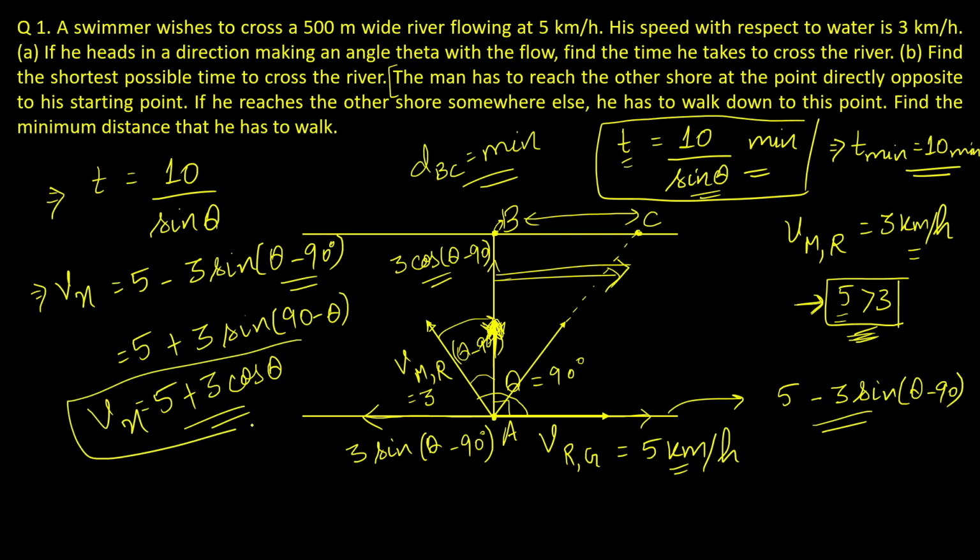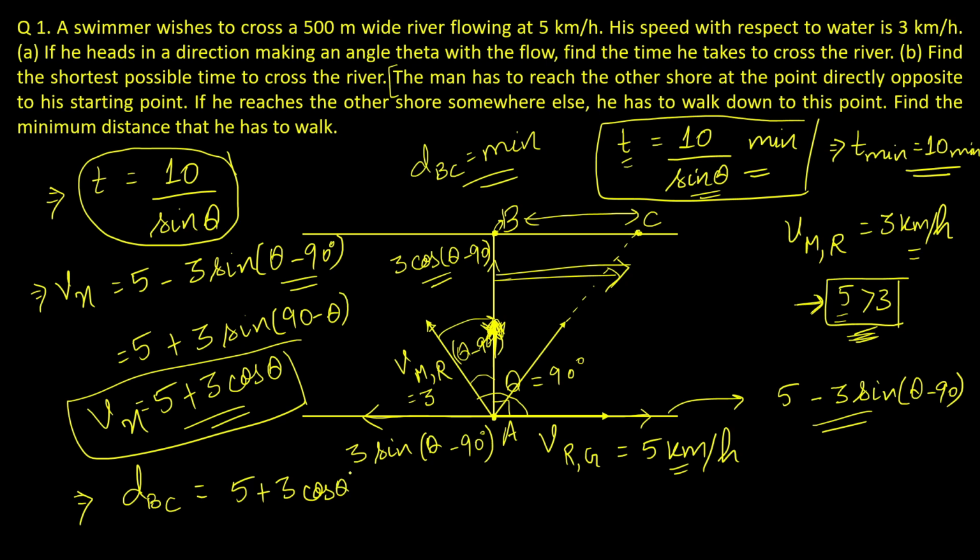that is the velocity in the x direction. And we already know the time, 10 upon sine theta, because the time taken in the y direction, the vertical direction, will be equal to the time taken in the horizontal direction. So from that we can find this distance BC, velocity multiplied by time, that is 5 plus 3 cos theta multiplied by 10 upon sine theta.